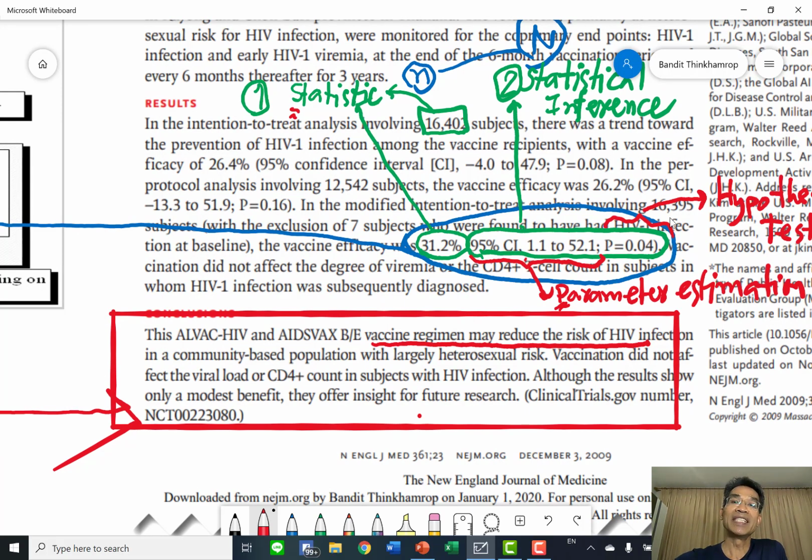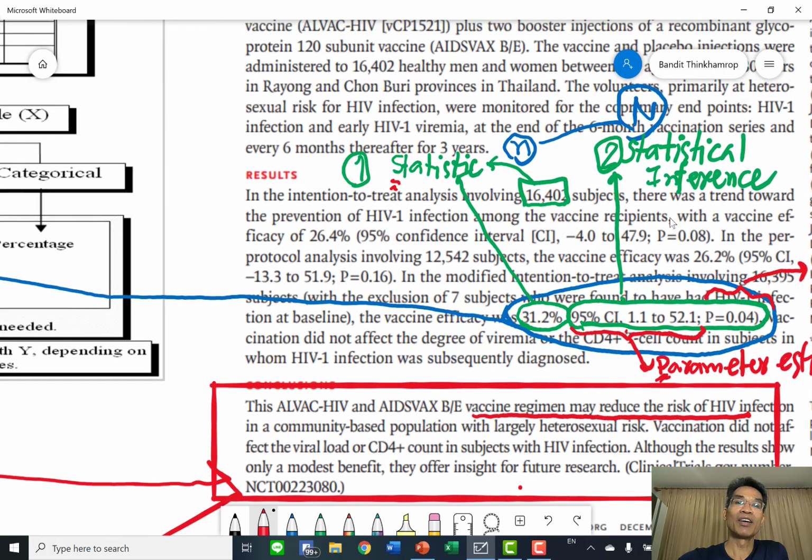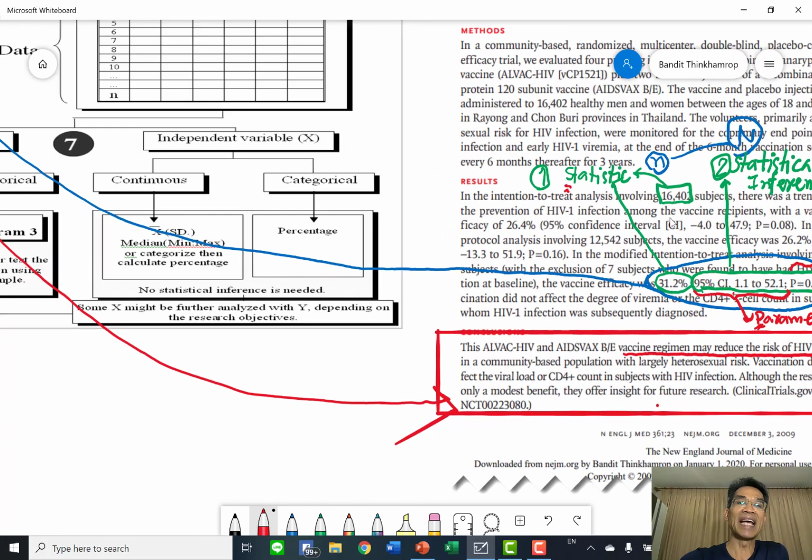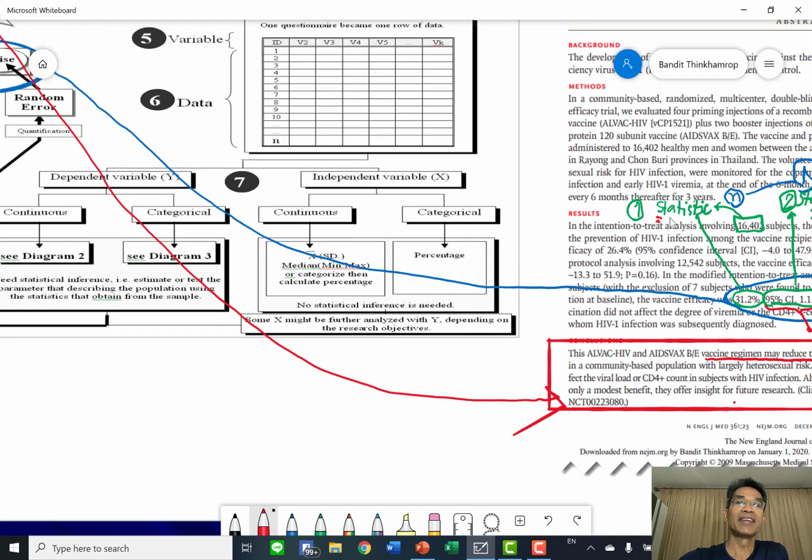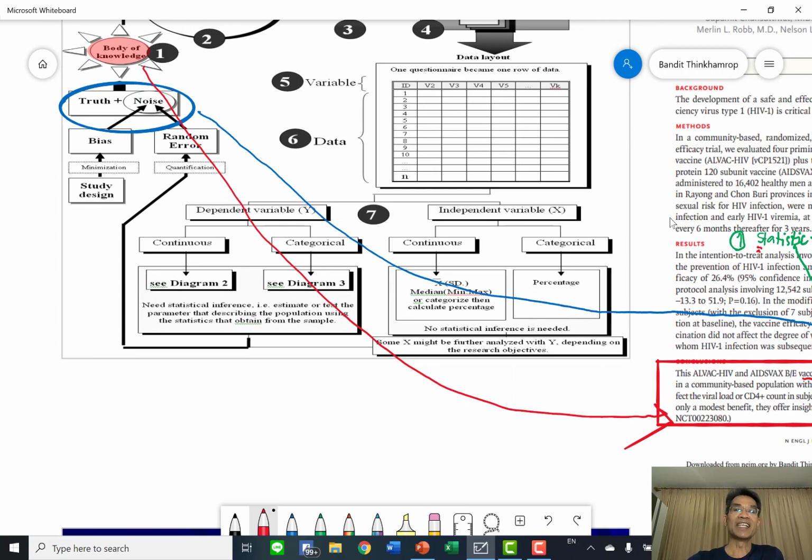So in this episode, I just want you to understand where statistics plays a role in research. You see, it's nothing. It just quantifies the random error for judgment.